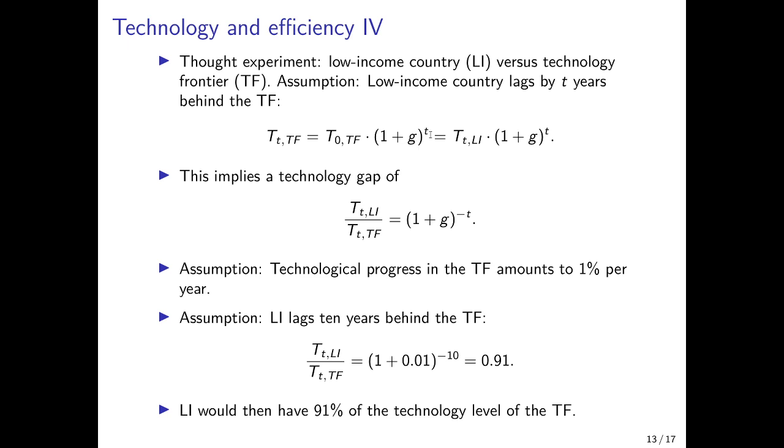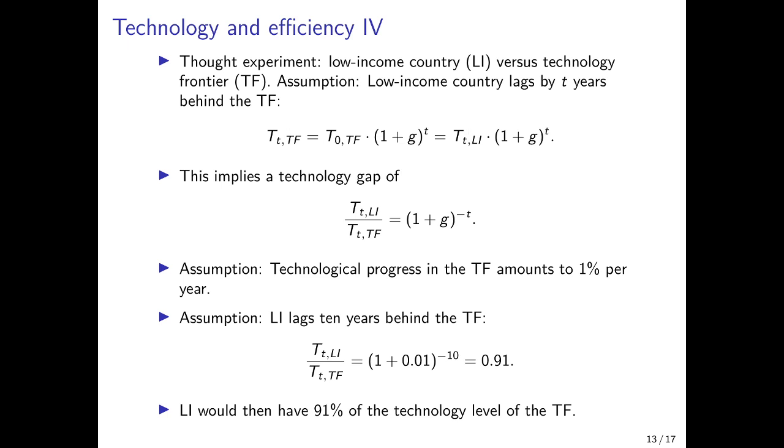And this is raised to the power of t because t years went by from time 0 to time t. And that's by assumption exactly the technological level of the low-income country at time t, but multiplied by (1 plus the growth rate) to the power of t, because it lags t years behind the technology frontier. So the technological stock today at the technology frontier is the technological stock today in the low-income country multiplied by the growth factor to the power of t.